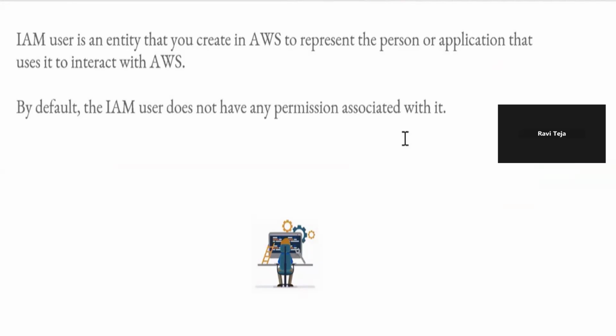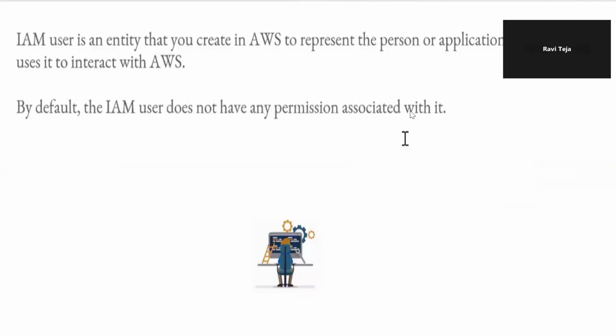Whenever the organization has only one AWS account, that account's administrator distributes the resources to the users depending upon their knowledge. By default, the IAM user does not have any permissions associated with it. You have to add the permissions to the user.